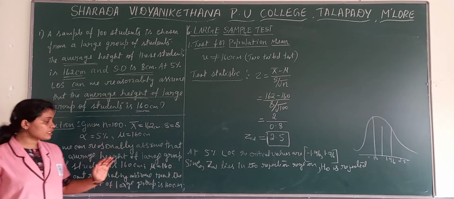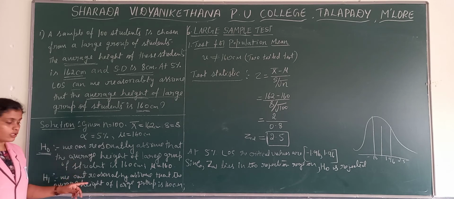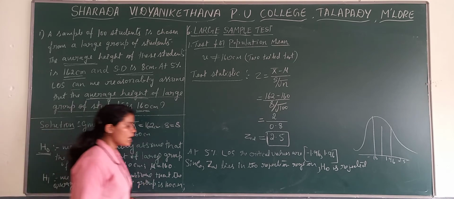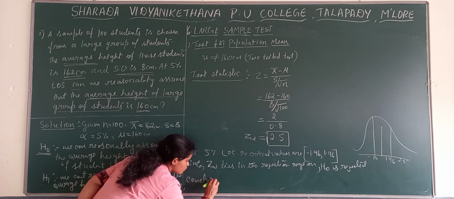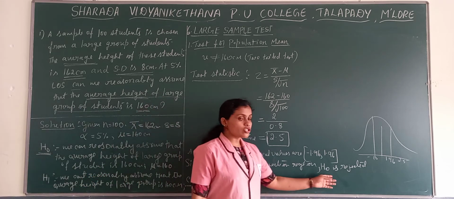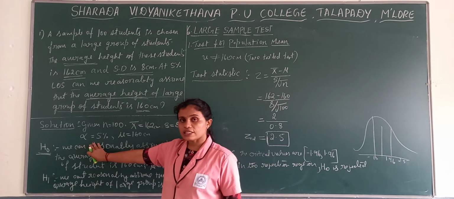If we reject the null hypothesis, we have to accept the alternative hypothesis. So we need to conclude with the alternative hypothesis. Now write the conclusion. See, H0 is rejected.